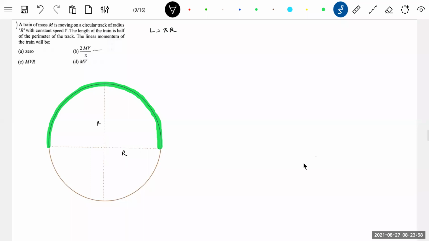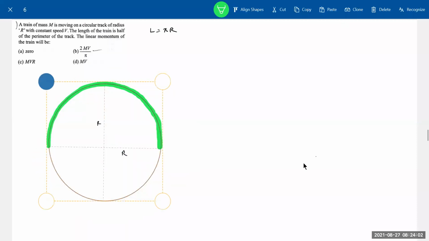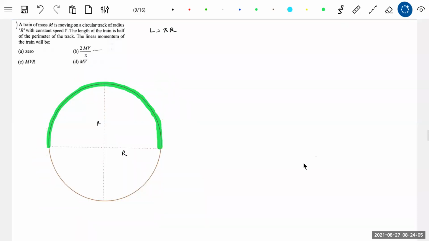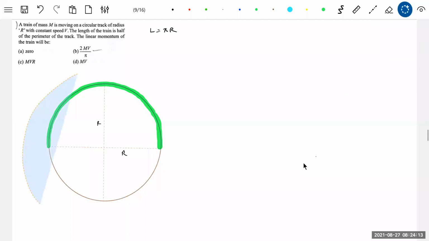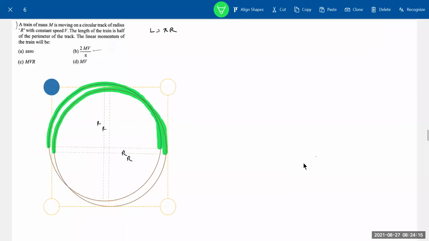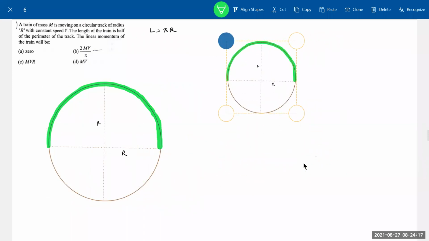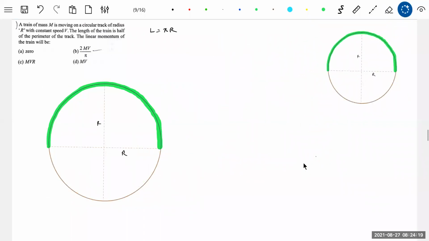Every point will have the speed v. Okay, I'll do one thing, I'll give one more diagram, a rough diagram of what is actually going on.